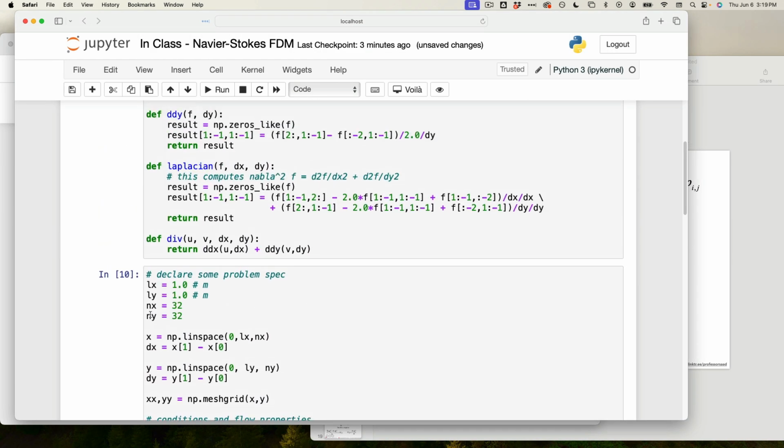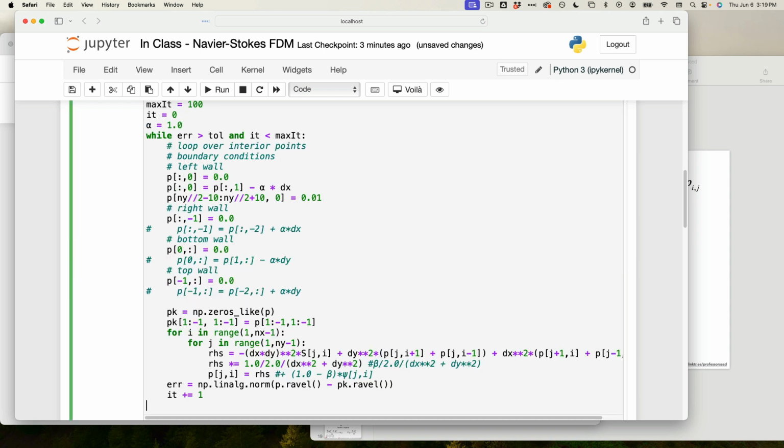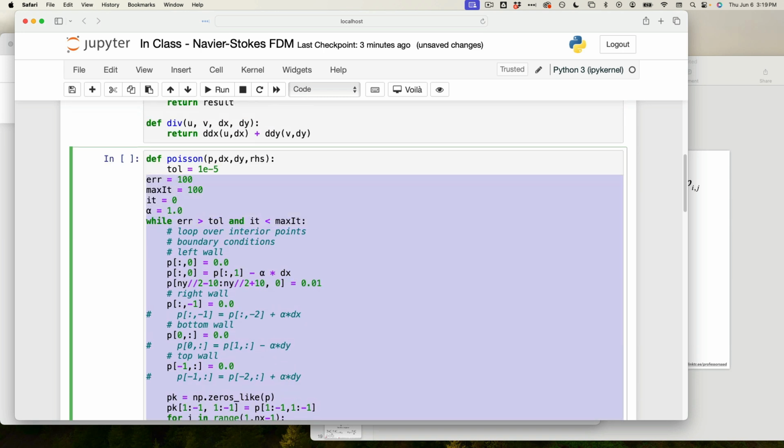We're going to call this Poisson solver. It's going to take some pressure, dx, dy, and some right-hand side. Okay? I'm going to paste this over here just as is.